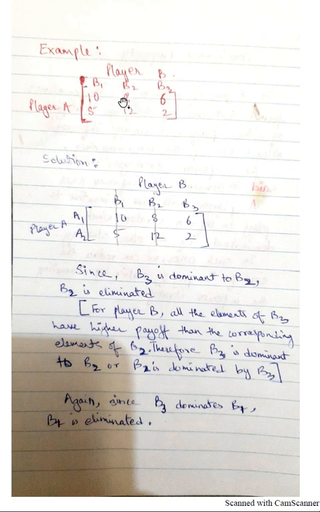So the lower the value in the payoff matrix, the higher the payoff for player B, and the higher the value in the payoff matrix, the higher the payoff of player A.